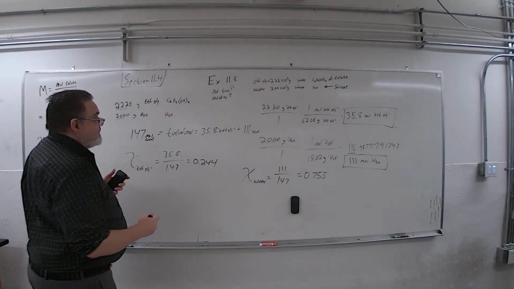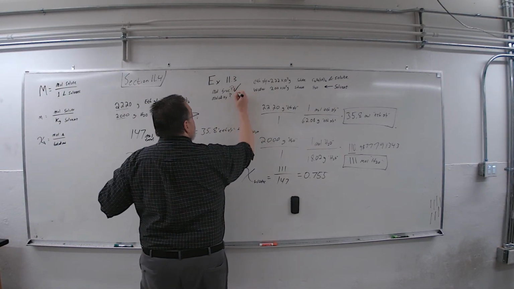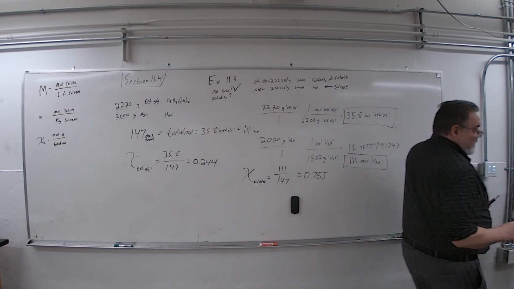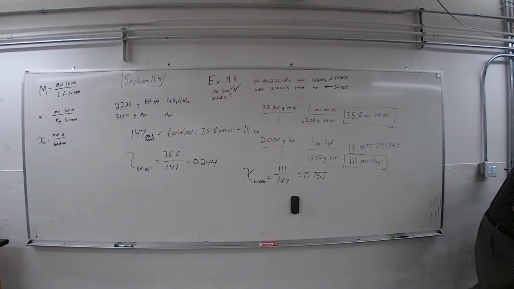So this is the mole fraction for these. Why did they take two significant figures?